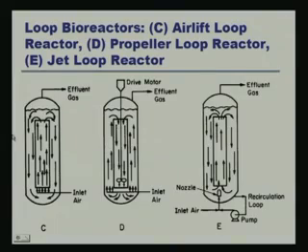So, how do we overcome the problems associated with the bubble column reactor? The alternative to the bubble column reactor is the loop type of reactor. This loop type of reactor can be the airlift loop, propeller loop, or jet loop reactor.